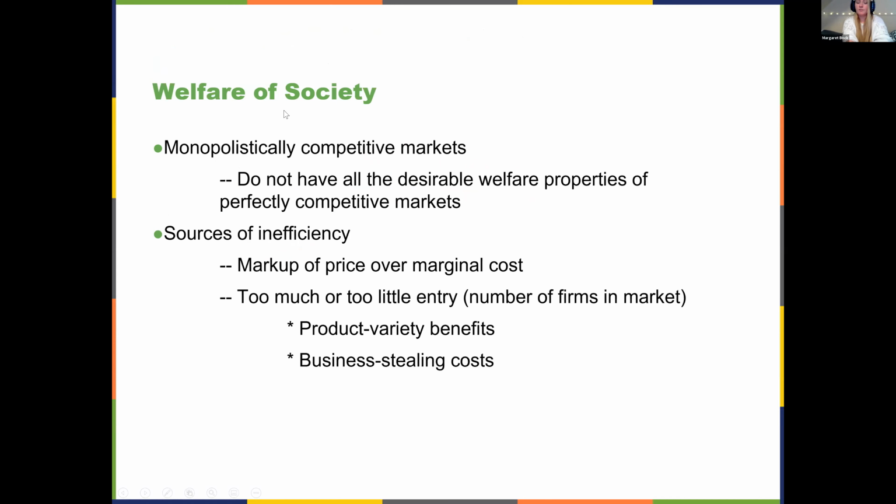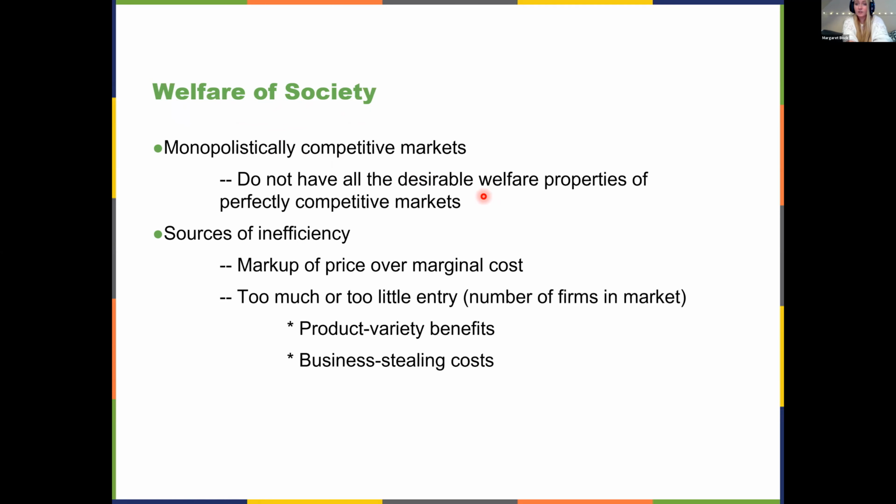So the final part of this video is going to briefly go through what kind of welfare effects monopolistic competition has on society. And what we learned from the previous slide is that monopolistically competitive markets don't really have all of the desirable welfare properties of perfectly competitive markets.